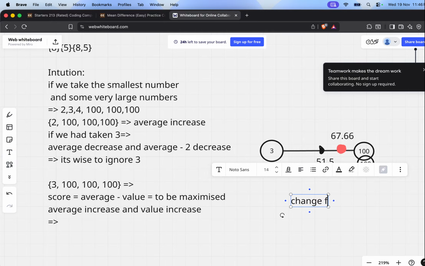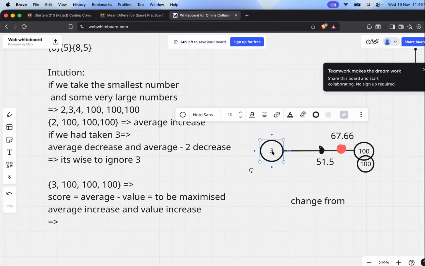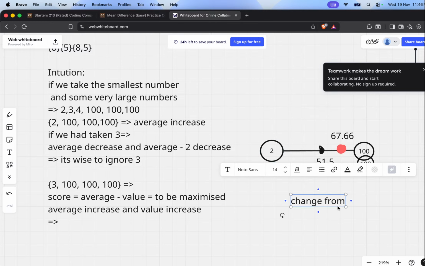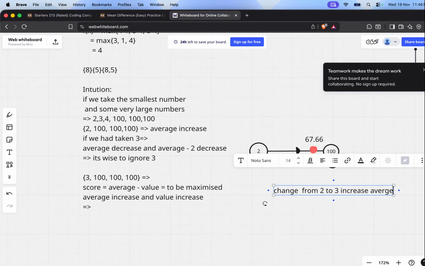Change from 2 to 3. So, initially we had 2 and 3. So let's say initially it was 2. Change from 2 to 3 increases the average by a factor of 1 by how many numbers are there? 1, 2, 3.